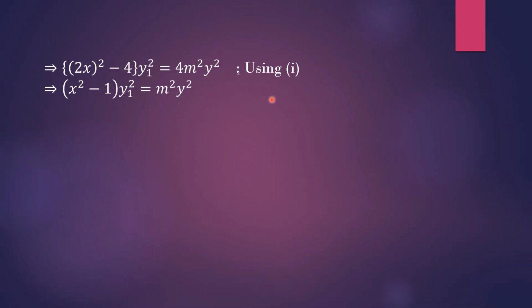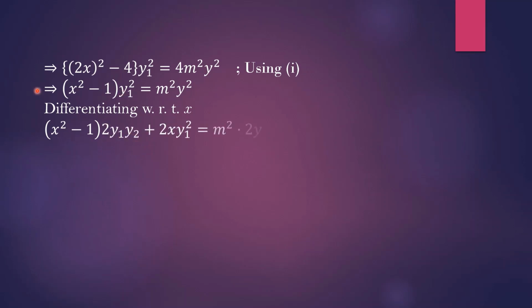And then differentiate, again differentiating with respect to x. So product function: x square minus 1 remaining same, y1 square derivative, x square minus 1 into twice y1, then derivative of y1 is y2, plus. Why is it plus? Because x square minus 1 derivative is twice x and y1 square remaining same.